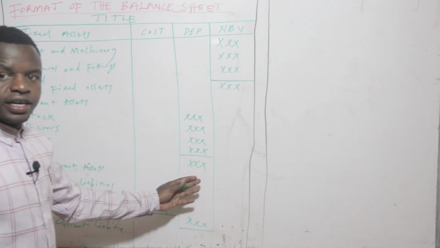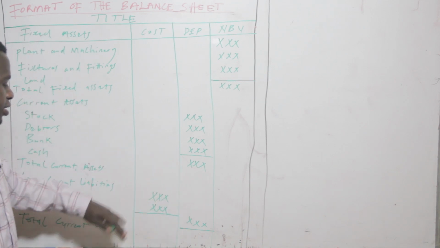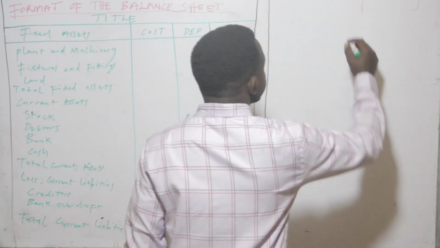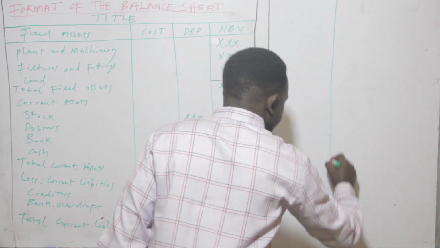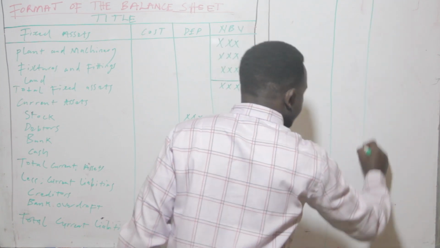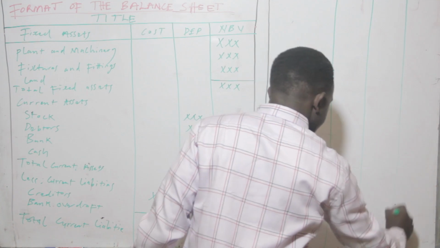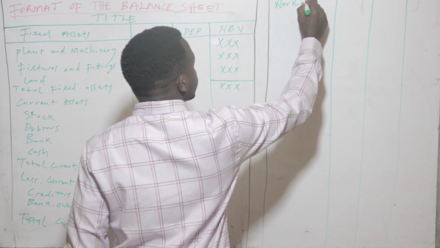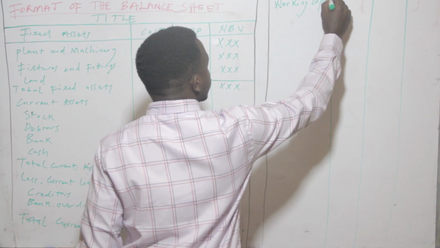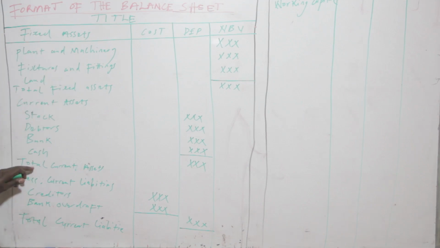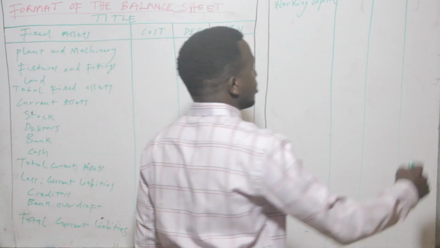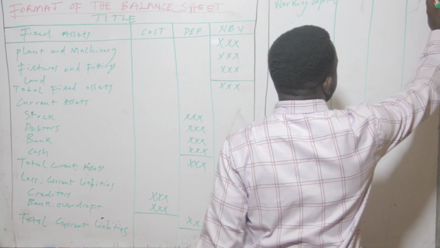And here we can find the difference between the current assets and the current liabilities to get our working capital. So to find our working capital, we'll say the total current assets minus the total current liabilities, and we're going to have our working capital, and we'll put our working capital here.